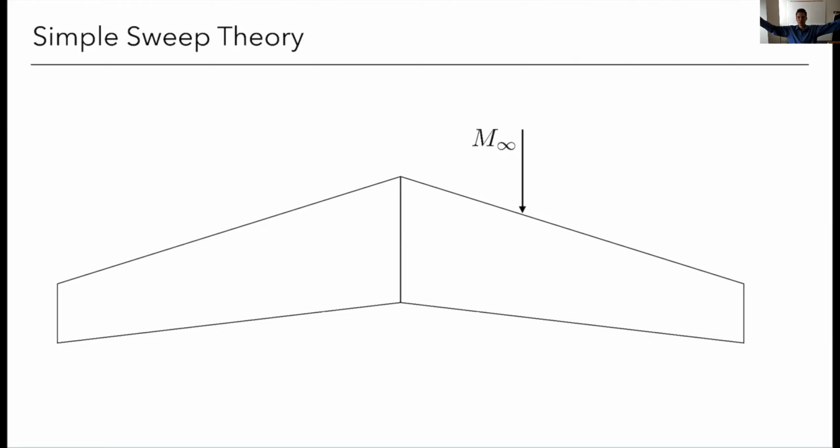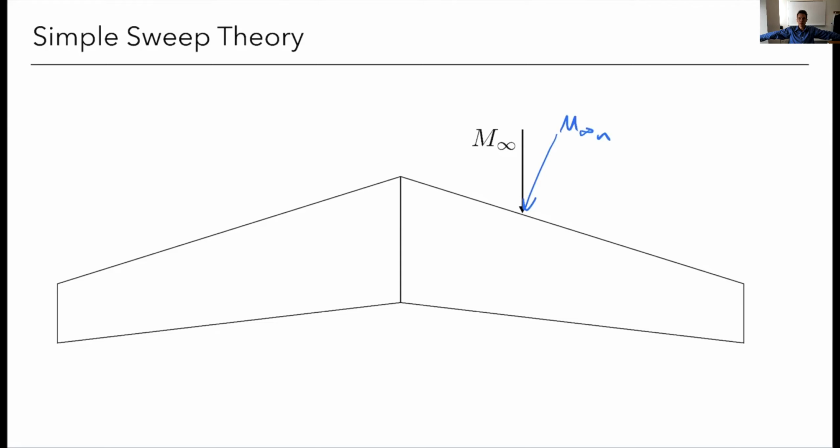The idea is that if I sweep my wing, so here you can see a swept wing, sweeping it back, actually this works forward too, the only Mach number that really matters is the component that is normal to the sweep angle. If I'm at 90 degrees, just a straight wing, my full free stream Mach number is the important one.